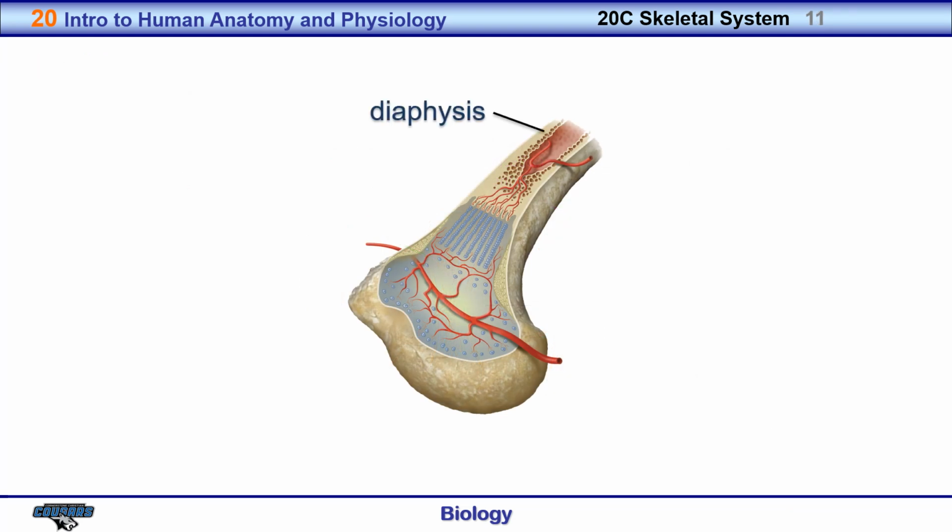So we have the diaphysis, that's the middle part of the bone, and then we have the epiphysis, that's the end of the bone, and in between we have an area of cartilage that's being replaced by bone, and it's called the epiphyseal plate.